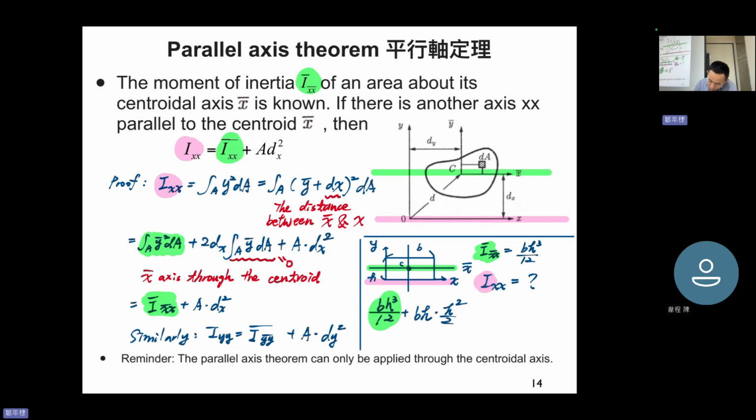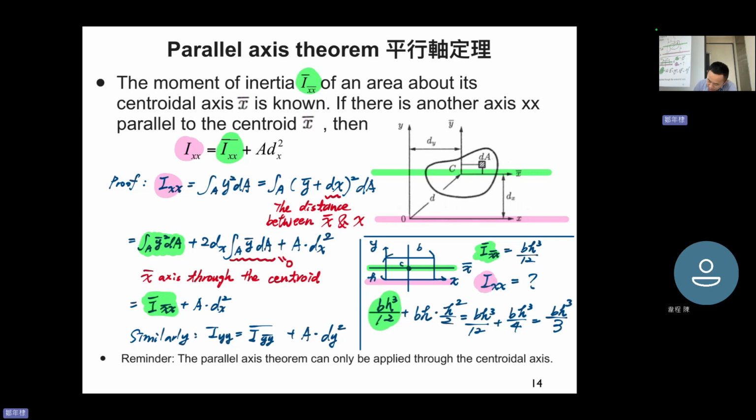What will we achieve? BH cubed over 12 plus BH cubed over 4, equal to BH cubed over 3.